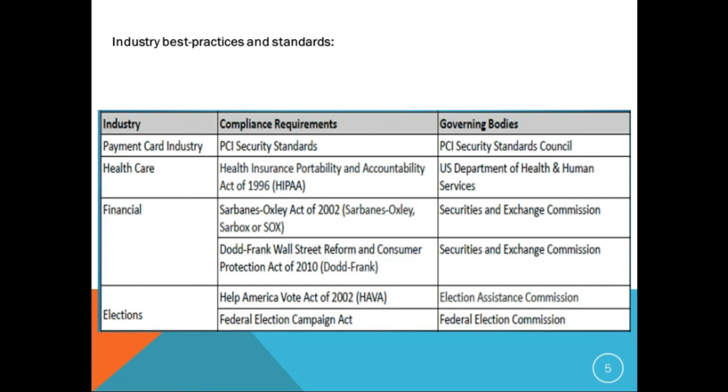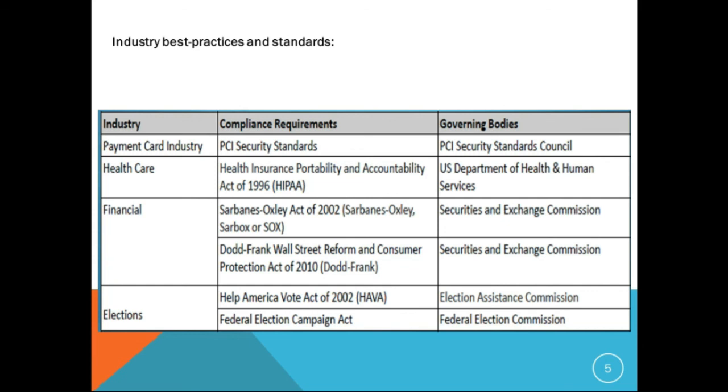Then we have HIPAA, that is basically for healthcare, and the governing body is the US Department of Health and Human Services. Similarly, for financial there are different compliance requirements, which are applicable based on the region where you are working.